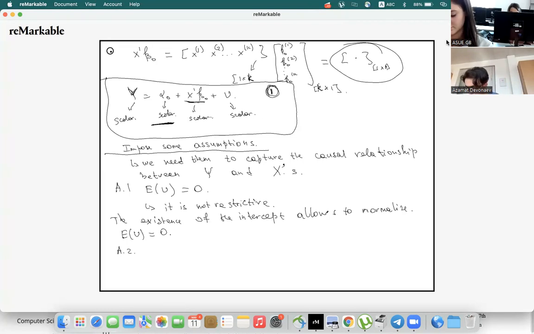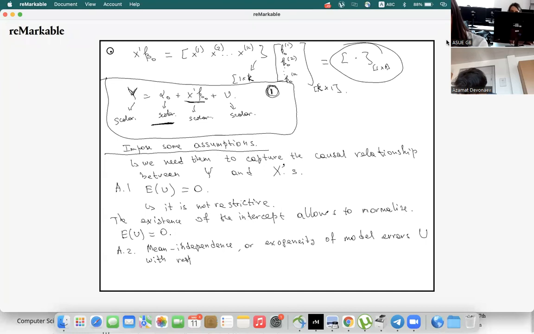Now we impose the assumption of mean independence, or you can say exogeneity of model errors U with respect to regressors, i.e. x's.